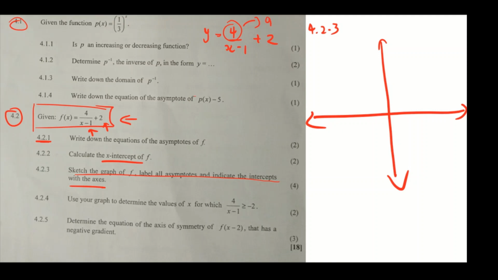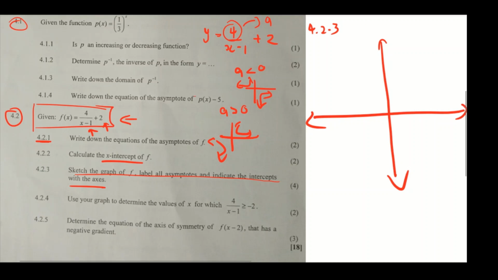When the a value is greater than 0, it's in the first and third quadrants, right? We agree on that. And if a is less than 0, it's in the second and fourth quadrants, right? So it's here and here. So in this case, our a is greater than 0, so it's in the first and third quadrants.